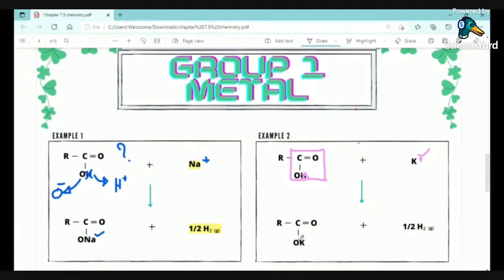You can write it in the form of charge. Like this, O minus, K positive, and the byproduct will still remain hydrogen gas that you removed from OH. Kind of a reminder, if there is no charge on O and Na, both shall not be charged. But if you have charge, for example like this, you need to put O minus K plus.